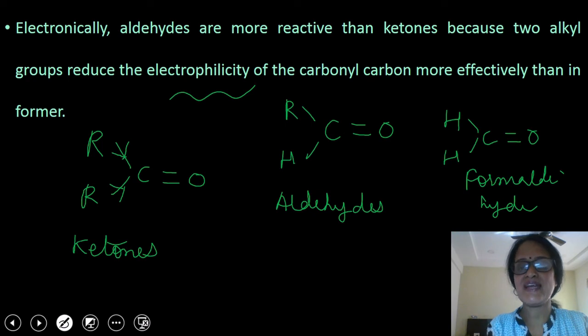In the case of aldehydes, they have only one alkyl group, so the carbonyl carbon atom will be more electrophilic in comparison to ketones. And in the last, I am coming to formaldehyde. As formaldehyde has no alkyl groups, the carbon atom will be most electrophilic in this case. So I hope all these points are clear to you.